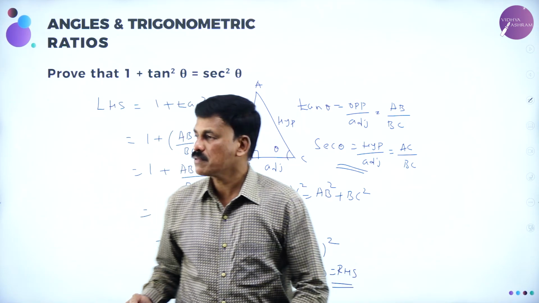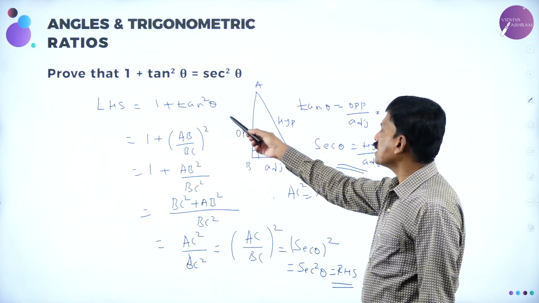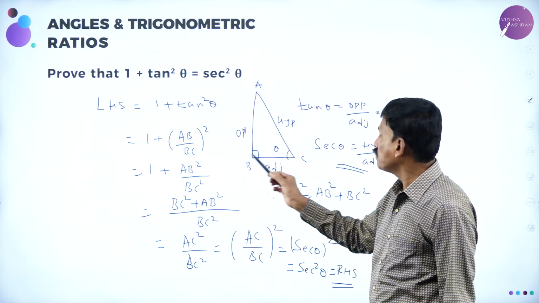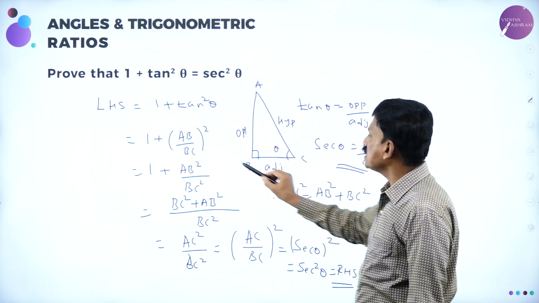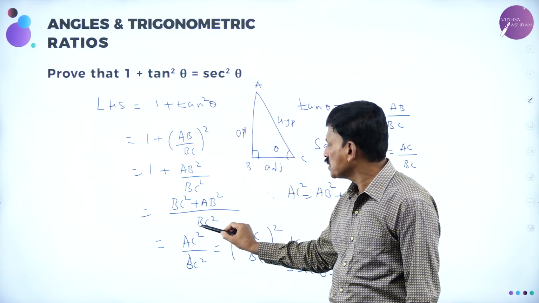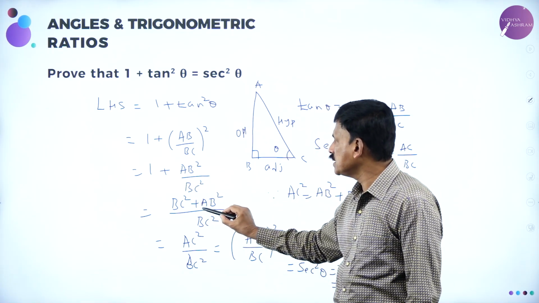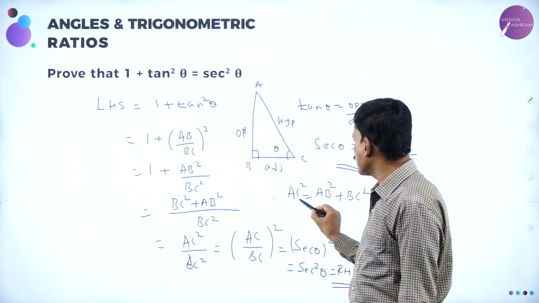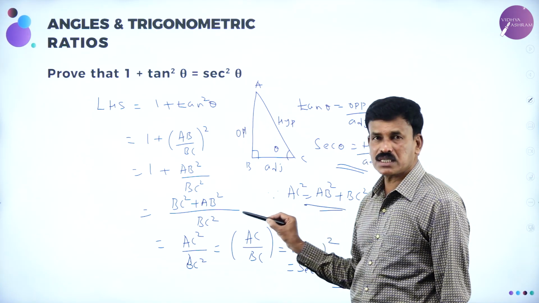See here, very simple. Now take LHS. LHS is 1 plus tan square theta. Tan theta is opposite by adjacent, that is AB by BC. AB by BC whole square is AB square by BC square. Take LCM. BC square is LCM. 1 into BC square is BC square plus AB square. So AB square plus BC square is also equal to AC square by Pythagoras theorem.